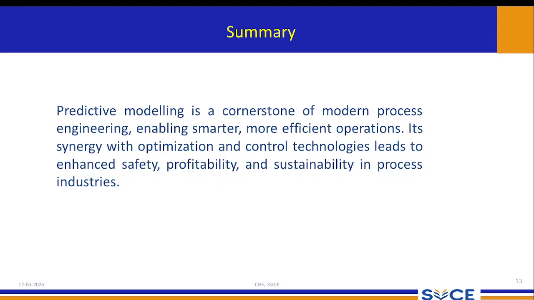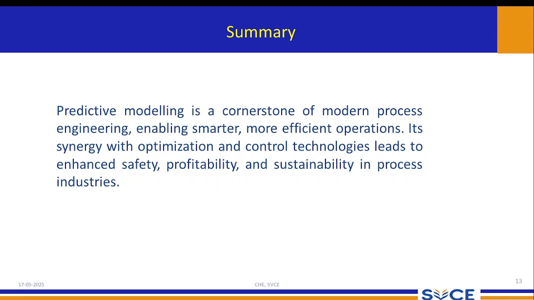Predictive modeling is a cornerstone of modern process engineering, enabling smarter, more efficient operation. Its synergy with optimization and control strategies leads to enhanced safety, profitability, and sustainability in process industries.